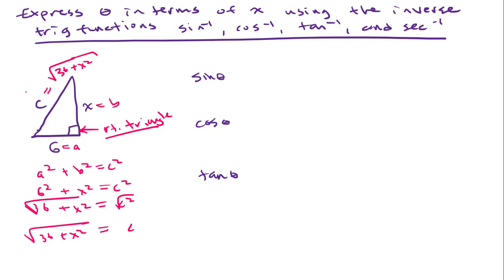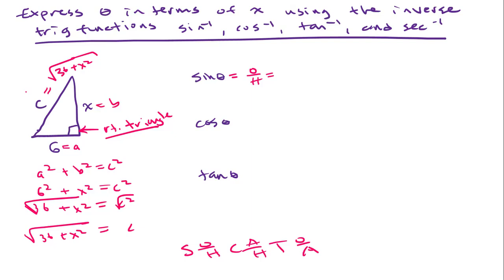Now we just need to find what these ratios are. Remember in trig we have the acronym SOHCAHTOA. Sine stands for opposite over hypotenuse, cosine stands for adjacent over hypotenuse, and tangent represents opposite over adjacent. So sine of theta is opposite over hypotenuse.